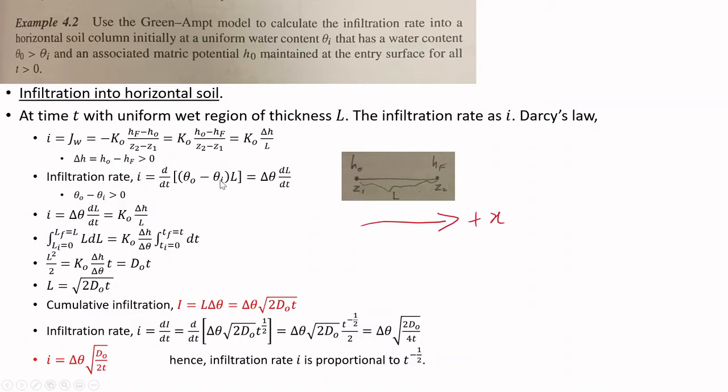Theta naught minus theta I can be written as the change of water content, and L you maintain. So you take this as a constant, and now you only have the derivative with respect to time of the soil column length. Theta naught minus theta I is greater than 0.